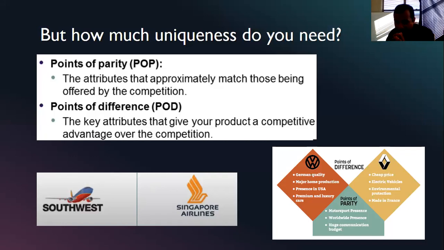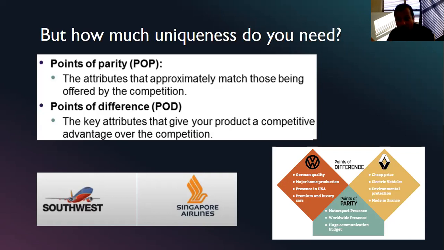In these two companies, if you compare the points of parity, both have worldwide presence, a huge communication budget, and motorsports presence, so sporty looks. So these are the points of parity. Whereas the points of difference are very unique for Volkswagen and for Renault. For Volkswagen, it is German quality, premium price, luxury car, presence in the US, and major home production.